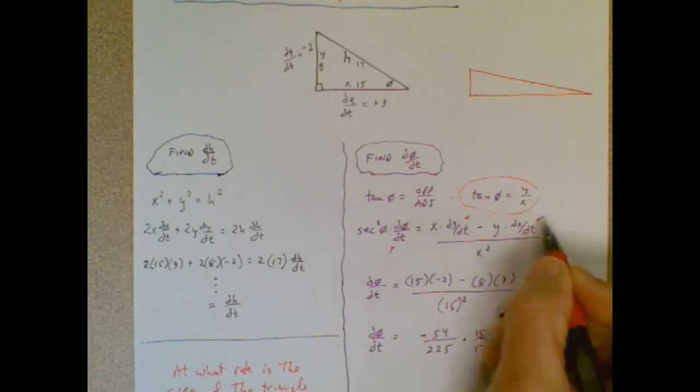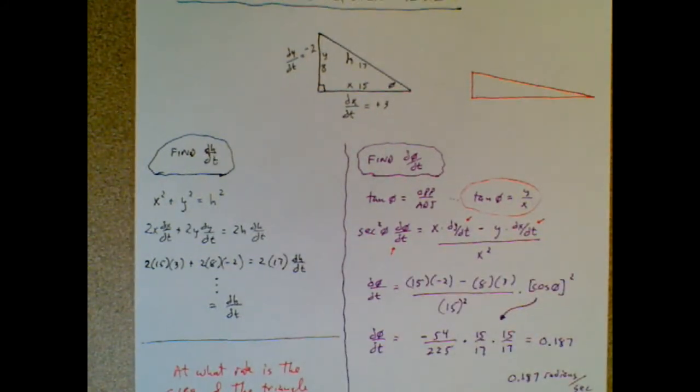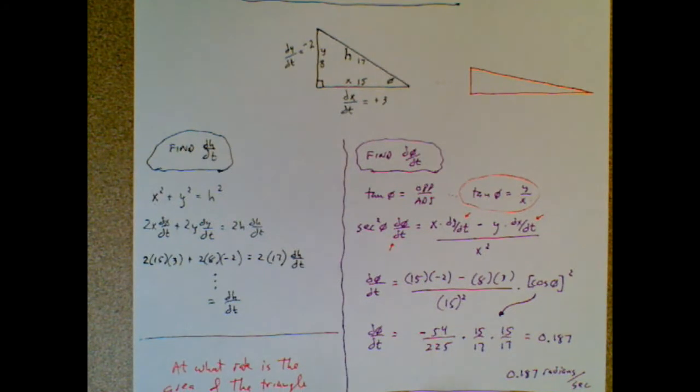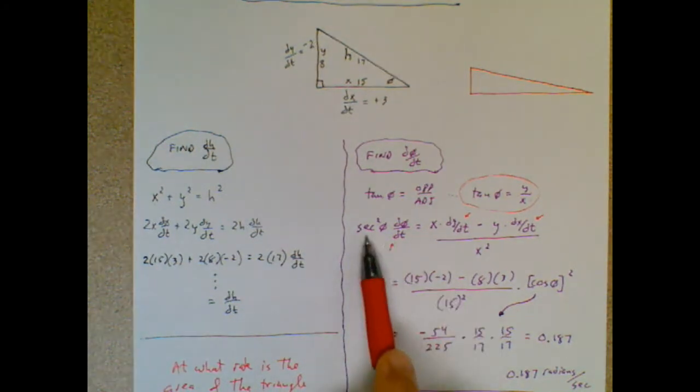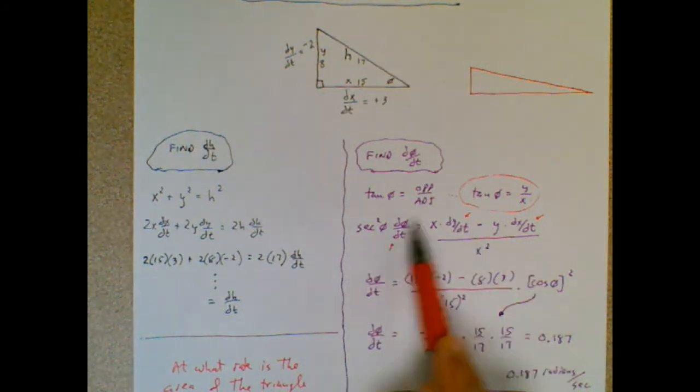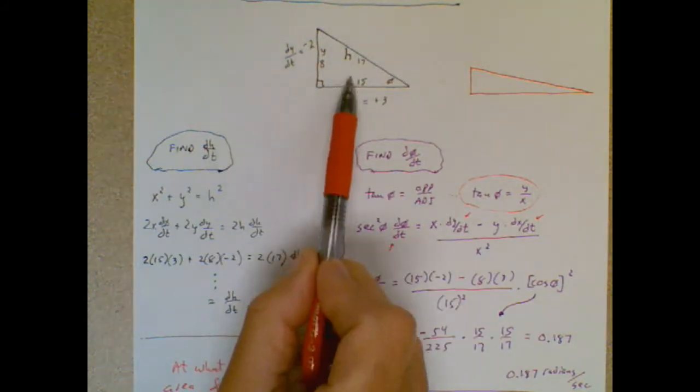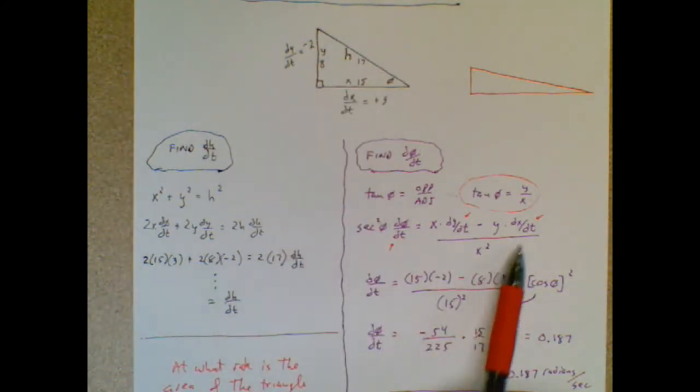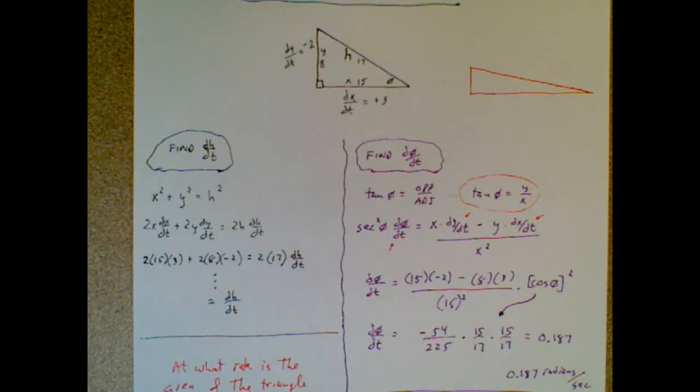If you skip any of those little symbols, you'll end up wrong. Nobody wants that. Once you're to here, you should be able to grab information from the triangle and plug it in and solve for d theta/dt. I did a little bit of trickery here though.